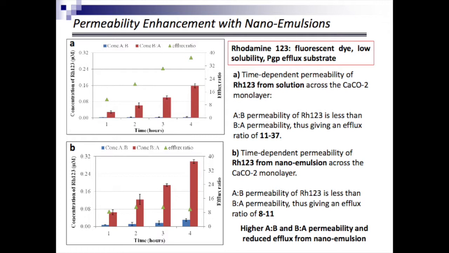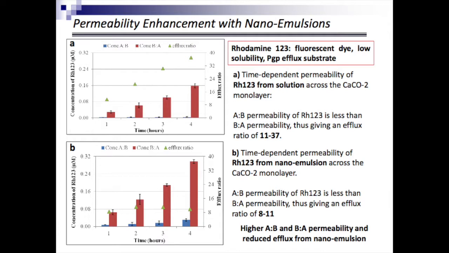The green triangles are the ratio of what we call the efflux ratio, which is basically the ratio of the permeability from the basolateral to the apical, which means that if there is high efflux, then the transport is not as efficient.